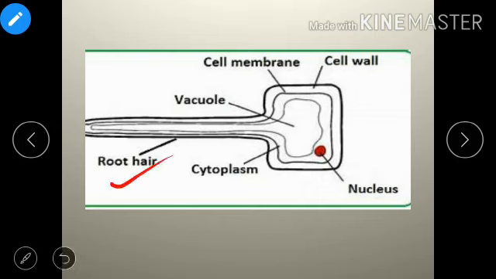Can you see root hair here? Then we come to the outer layer, that is cell wall, then cell membrane, then cytoplasm. In cytoplasm, there are nucleus and vacuole which stores water.